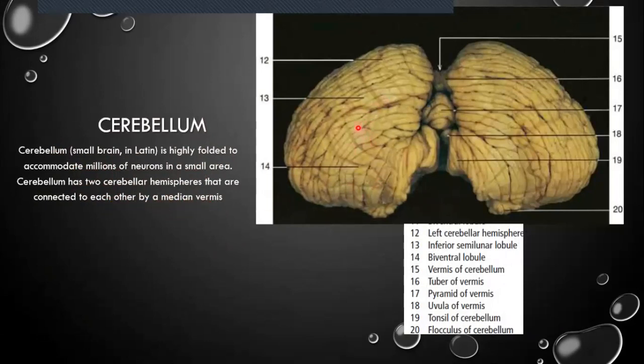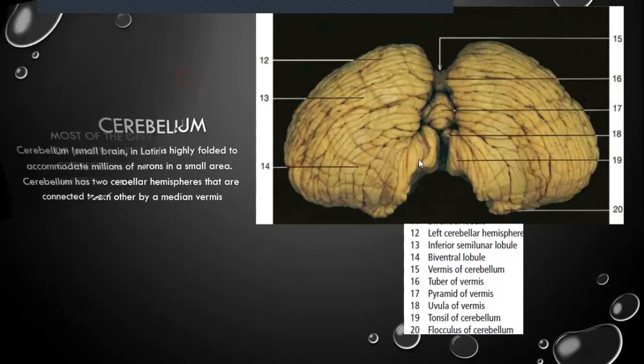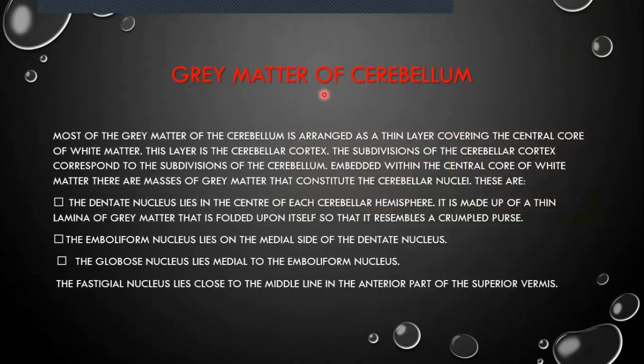This is the left cerebellar hemisphere, and this is the right cerebellar hemisphere. You can see the two are connected by this vermis, and you can see vermis has several parts, like the pyramid of vermis, the tuber of vermis. That is the point.